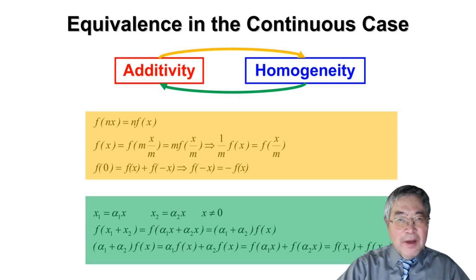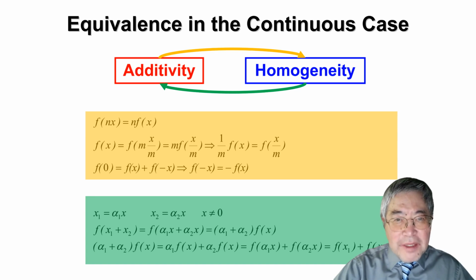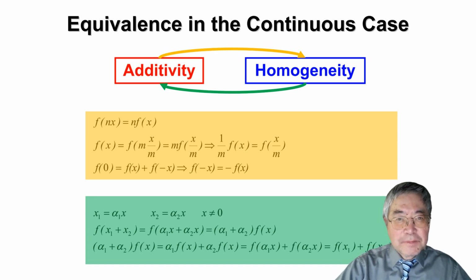Now look at the yellow box to support the yellow arrow. These equations show how homogeneity can be built up from additivity. We start with f of n times x equals n times f of x. This shows that if you apply the system to a scaled input, it scales the output proportionally. That's homogeneity. The next line builds on that.